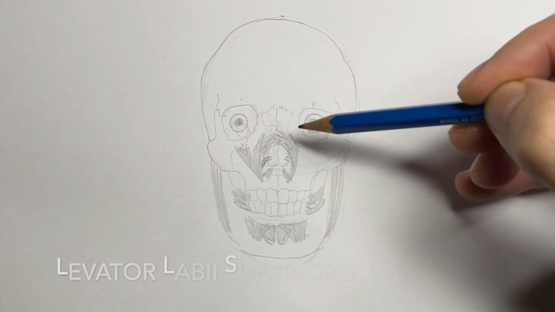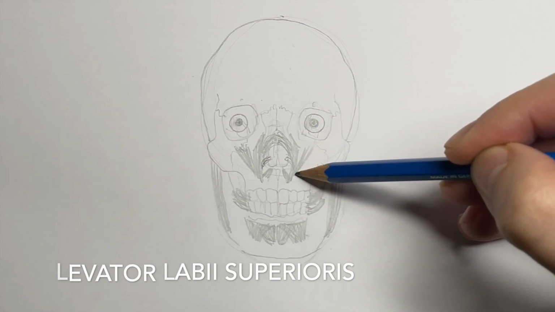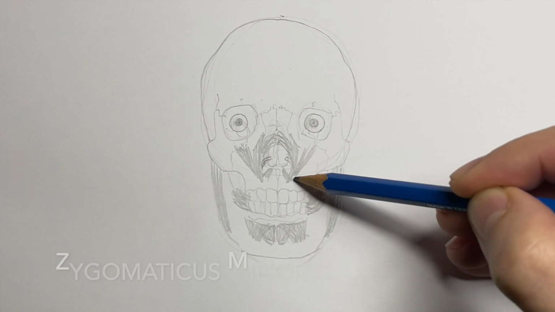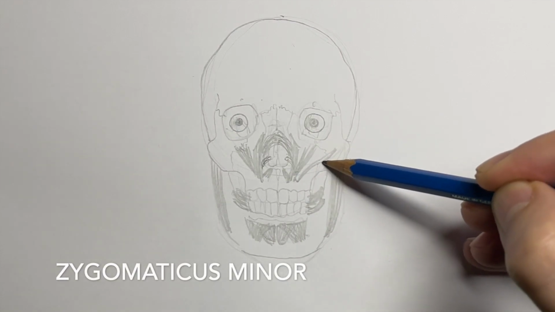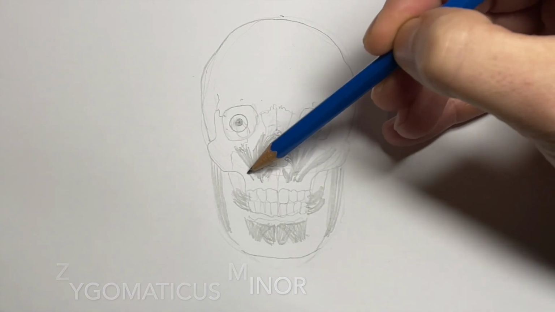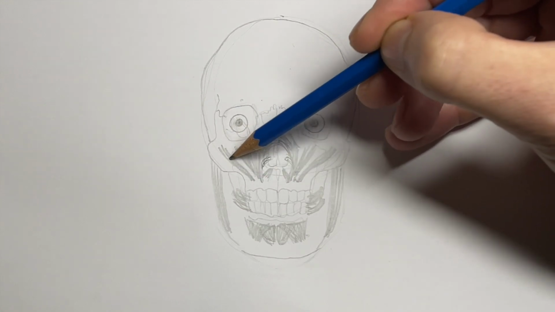This is the levator labii superioris, and so this allows you to lift your lips up. And right beside that is the zygomaticus minor. Those ones just attach right to the zygomatic bone, the cheekbone. Same thing, they just help you lift your lips up, and they help you talk and move your mouth and do all kinds of things.